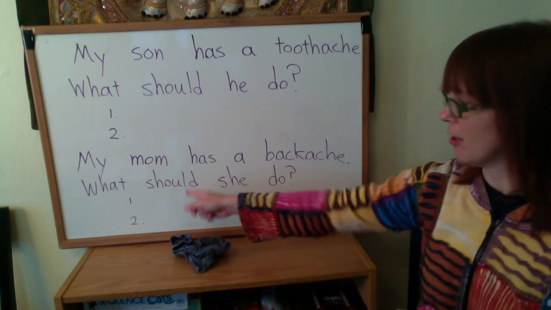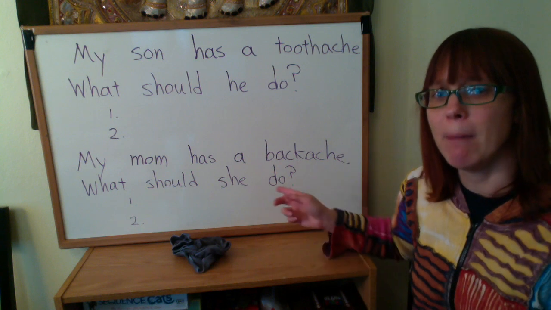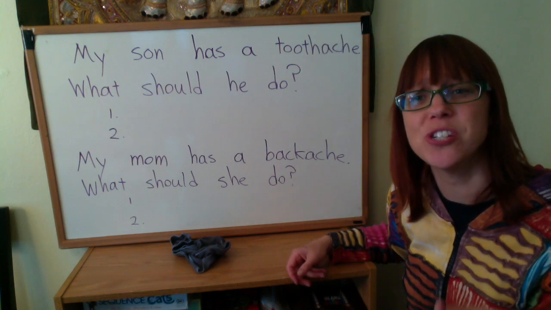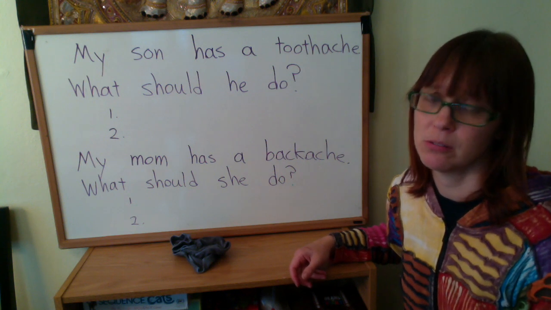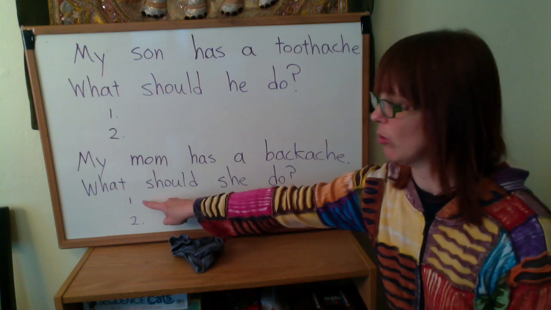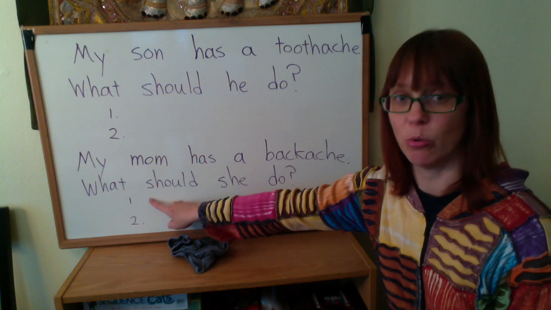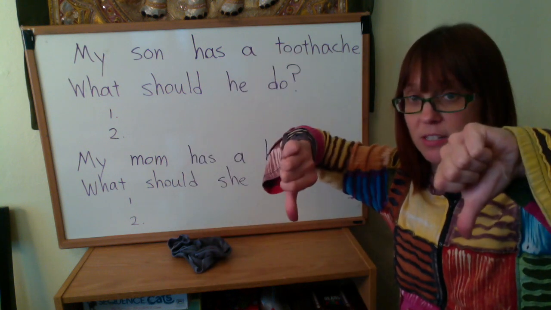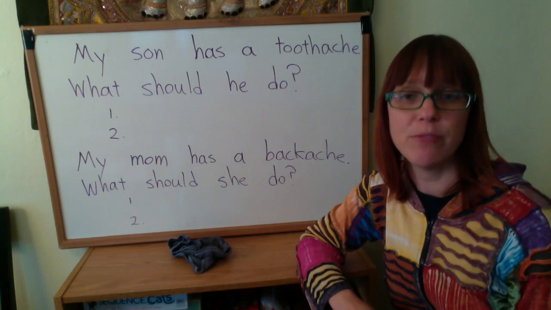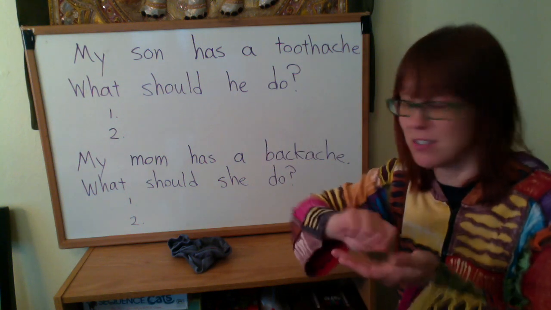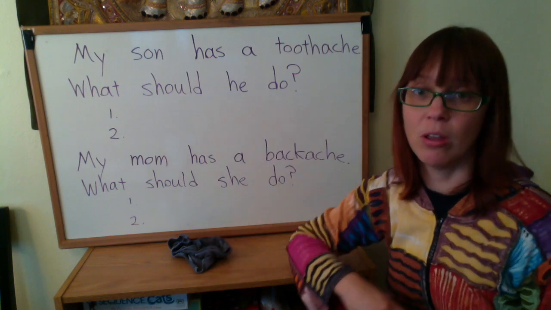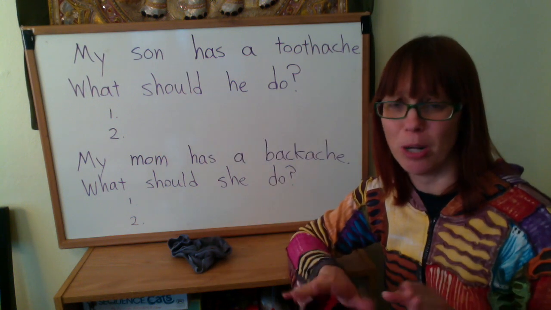And then another example. My mom has a backache. What should she do? Again, give me 1 and 2. Number 1, affirmative. Number 2, negative. So if you have time in your house, you can write 2 examples. If you don't have time, no problem.